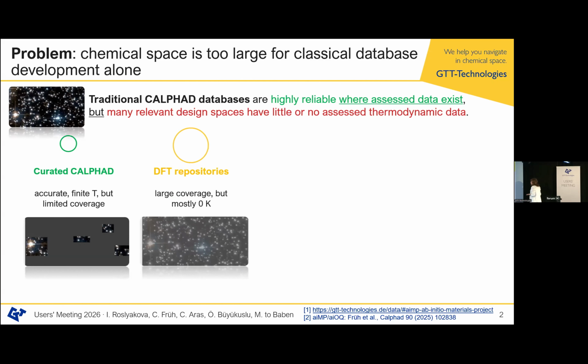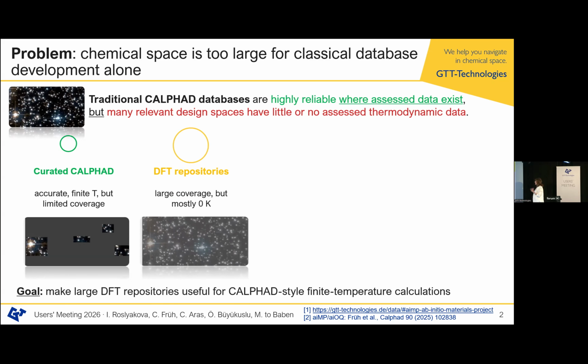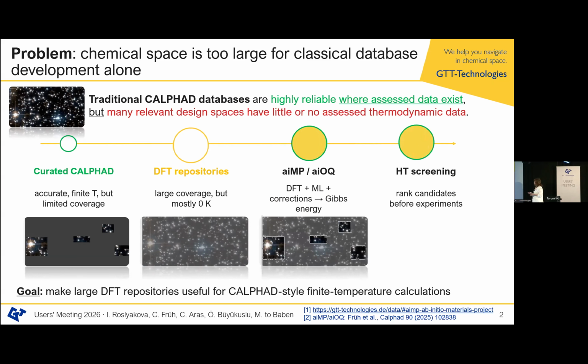In contrast to this, we also have DFT repositories now. They have a much larger coverage of data, but the problem with such databases or DFT data is that they mostly give you knowledge about 0 K. So, in order to bridge these two kinds of databases and use them fully for screening and descriptions, also considering the temperature dependence, two databases have been developed, aiMP and aiOQ, which actually put the power of both together.